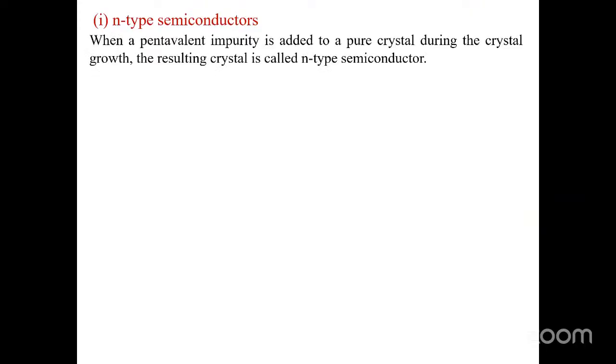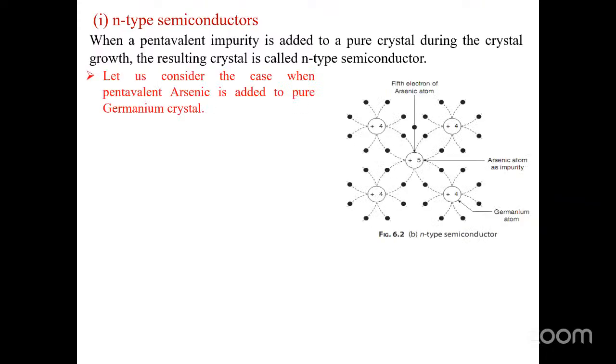Let us discuss the N-type semiconductor. When you add a pentavalent impurity to a pure semiconductor material, you will get N-type. The pure semiconductor is either silicon or germanium. How many valence electrons are there? 4 valence electrons. You are adding a pentavalent; penta means 5 electrons, so a fifth group element is added to the pure semiconducting material.